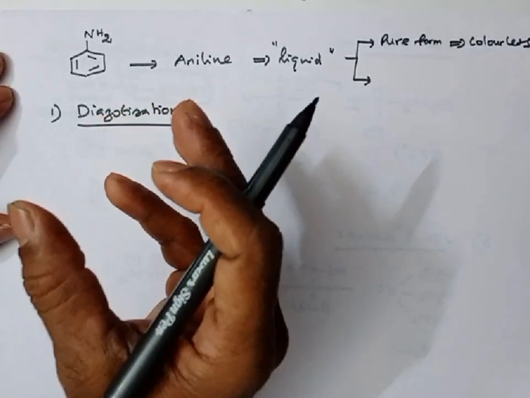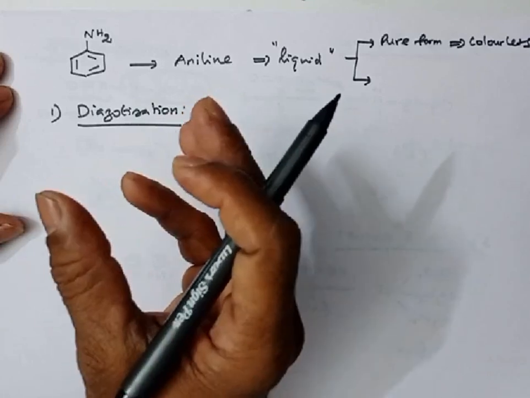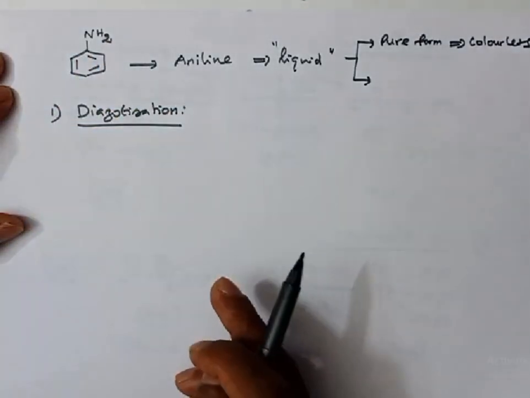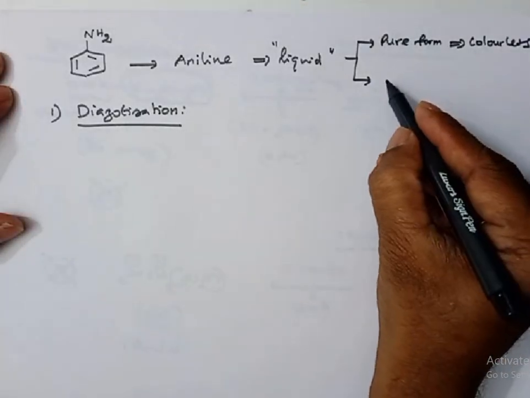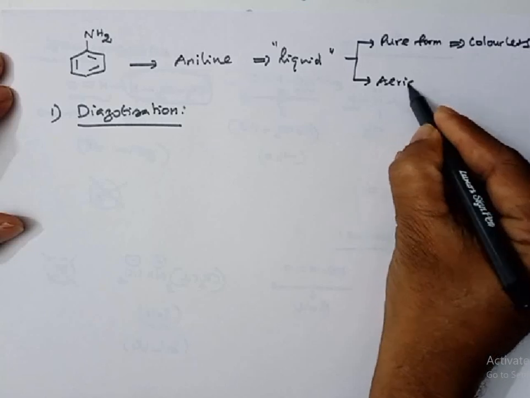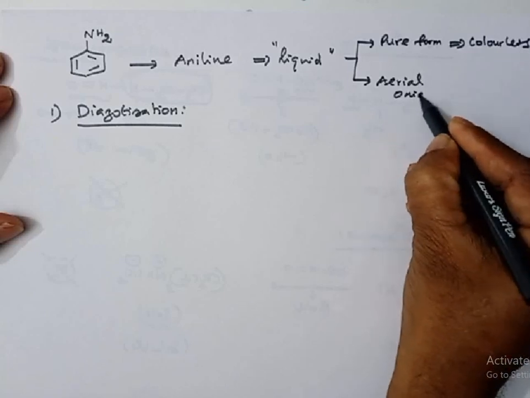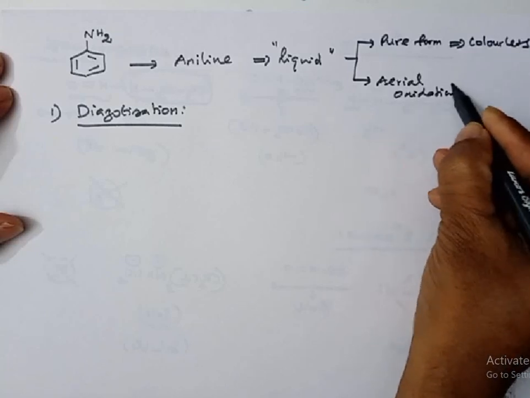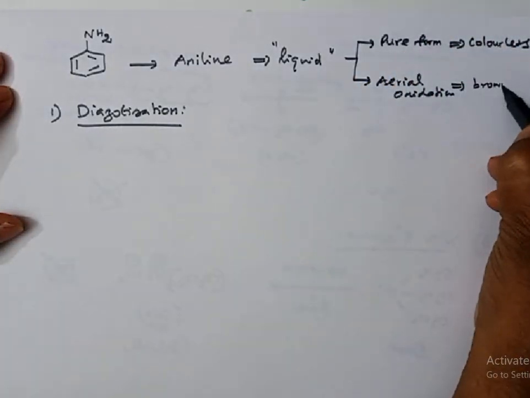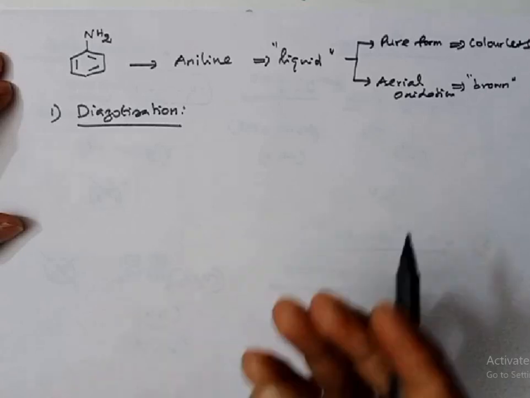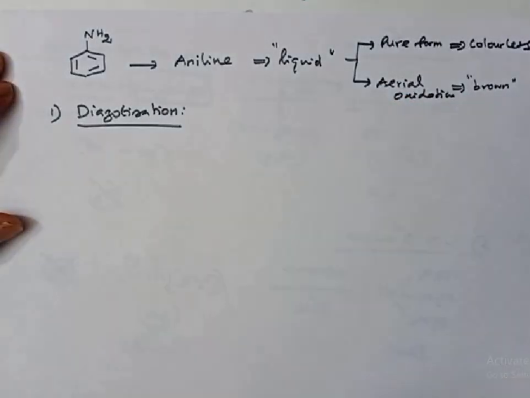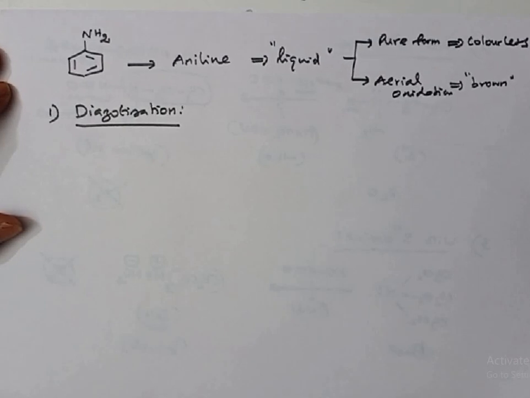The atmospheric air contains oxygen. That oxygen slowly oxidizes this aniline. So due to aerial oxidation, the liquid becomes slightly brown, slowly turning reddish brown. It is because the compound gets oxidized.